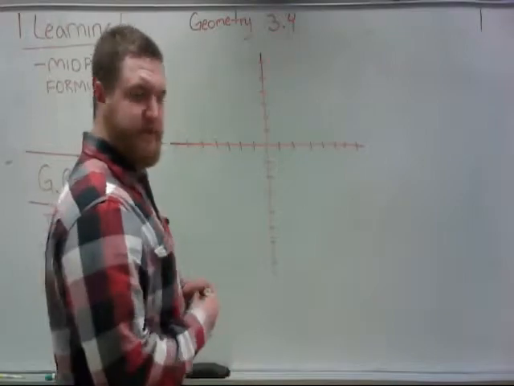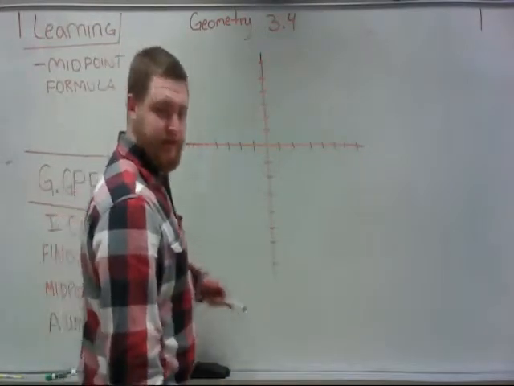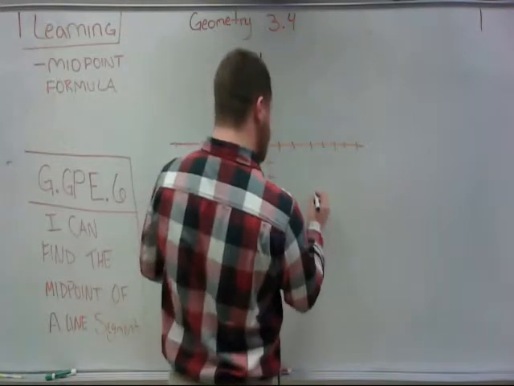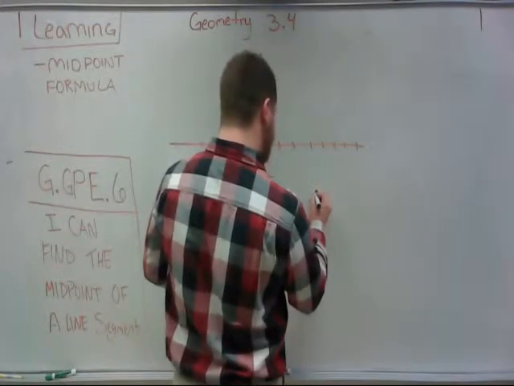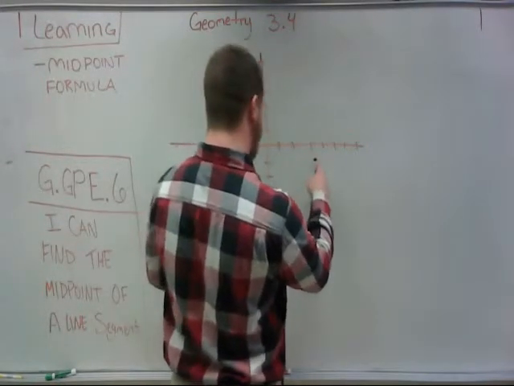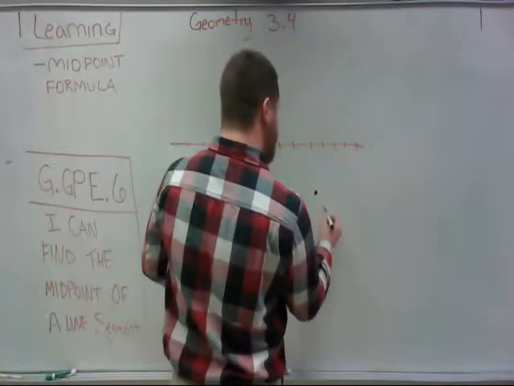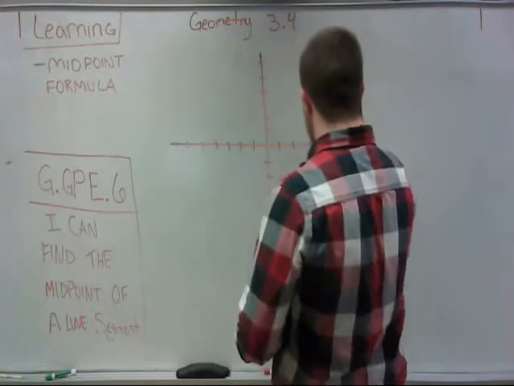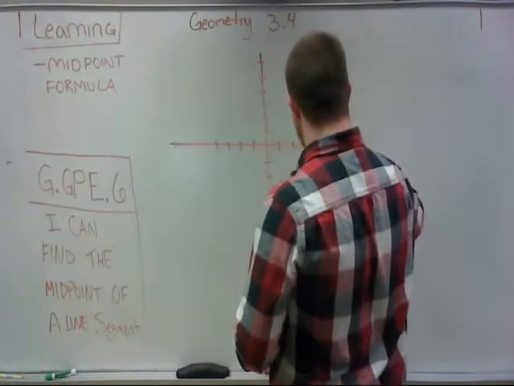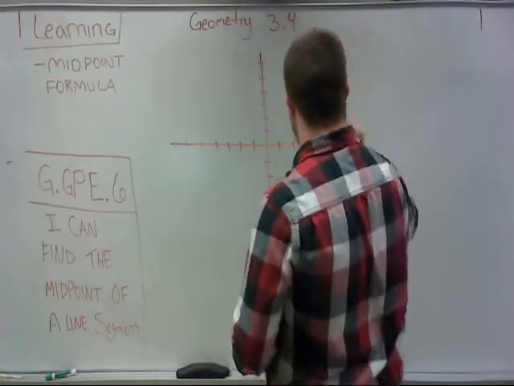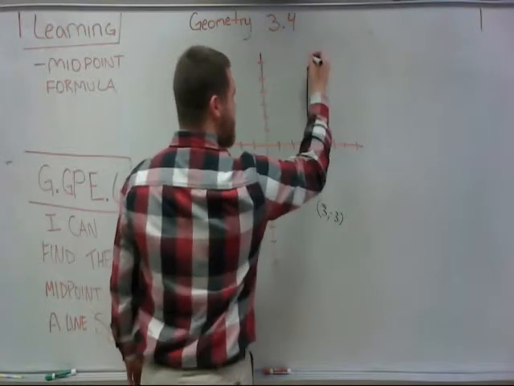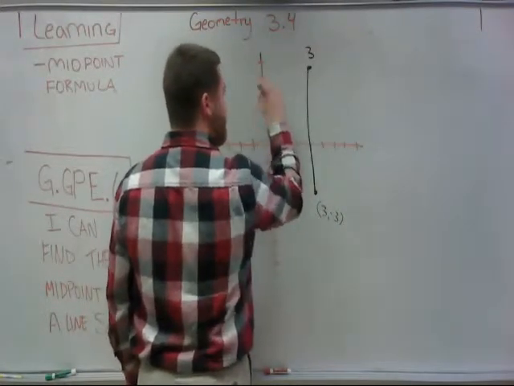Okay, so let's say for this example we do some weird points that don't really make sense. Let's do a vertical line. So let's say it starts here at 3, -3. And goes straight up to here. Wow, that's terrible. But pretend it's straight. Which would be 3, 5.